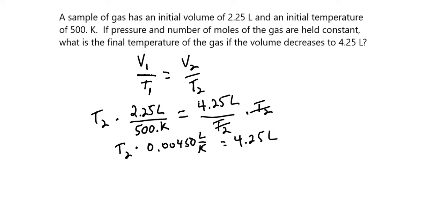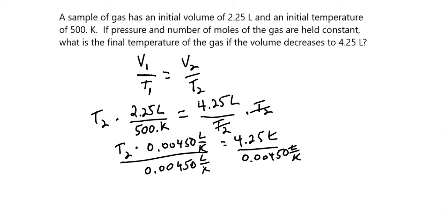Obviously we want T2 isolated, so we'll divide both sides by the 0.00450 liters per Kelvin, and that means our unit of Kelvin is in the denominator of our denominator, so it's going to become the unit in the numerator, and we're going to lose liters to cancellation.